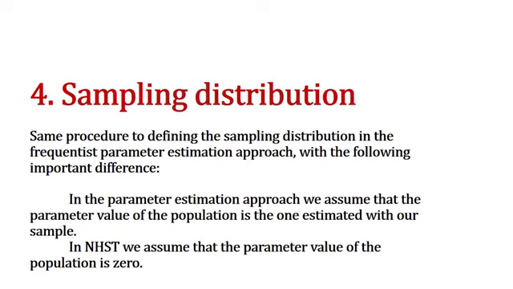So if we chose a predetermined value that is not 0, in this case we do the same. We assume that the parameter value of the population is that predetermined value. But as I said before, the most popular value is 0.